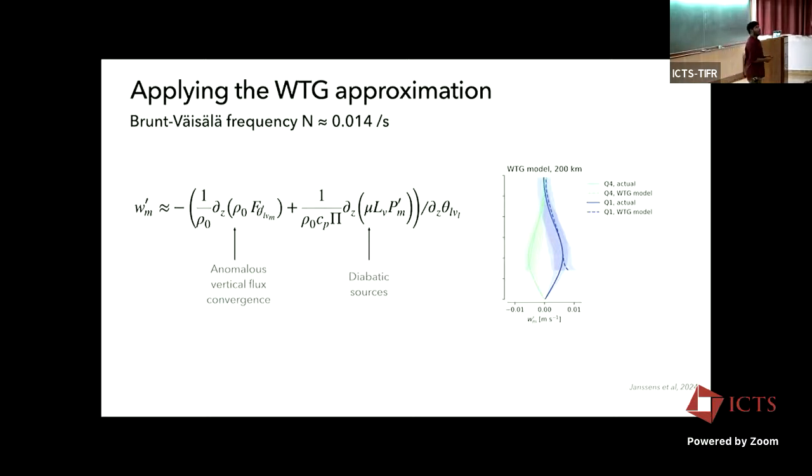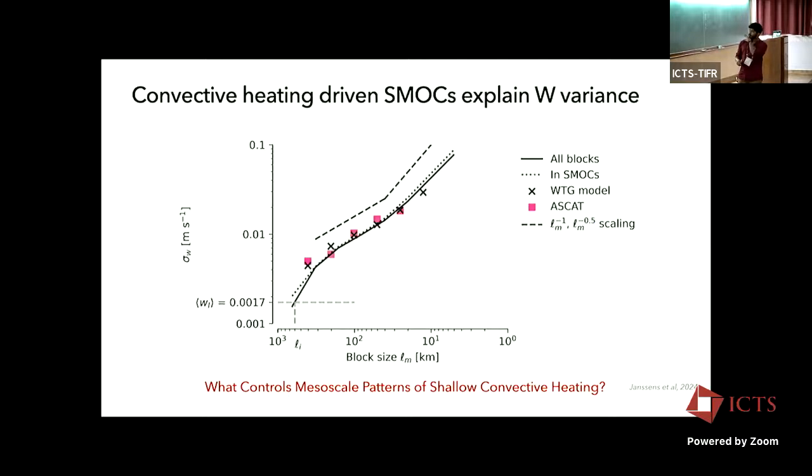So within the LES also, this seems to be what's happening. And if we compare it with observations, it seems to explain the spectrum of vertical velocity within the mesoscales.